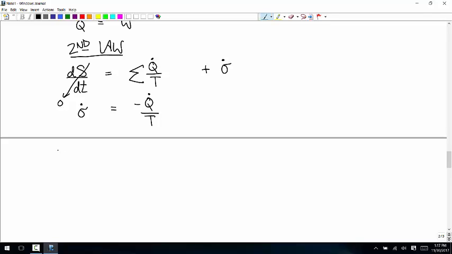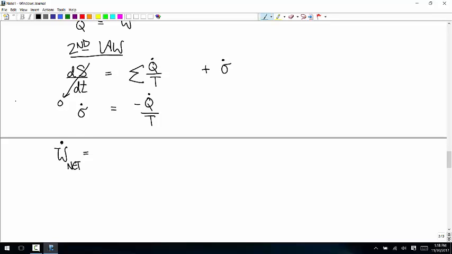Our total work, and we're doing this all as rate. Our total rate of work, and remember the sign convention says that this is the work out. Sorry, let me change this to a net.